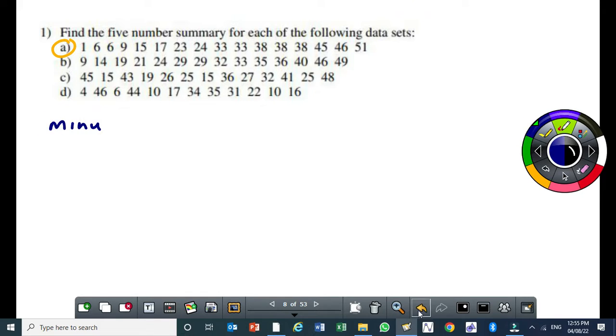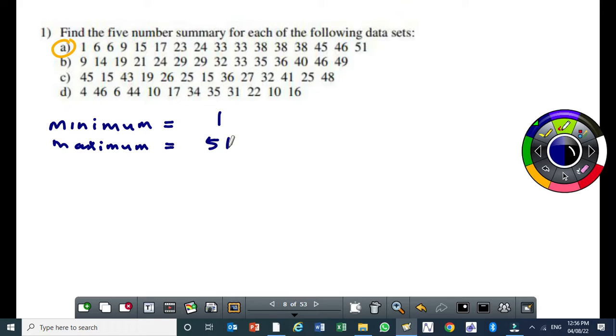The minimum is equal to 1. You can also write here the maximum is going to be equal to what? 51. At this stage, I'm just doing it based on the order of difficulty to find. So your minimum and your maximum are very easy to find.